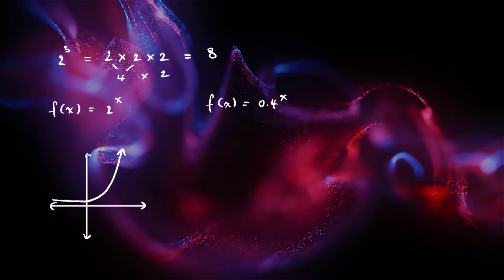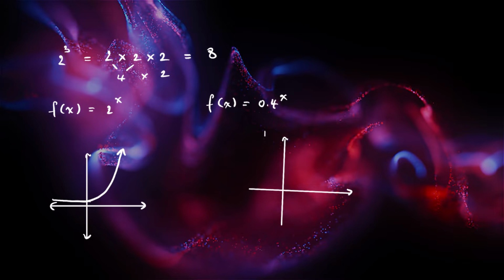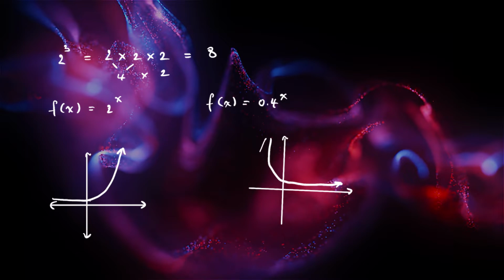If we looked at 0.4 raised to the power of x, if I redrew my axes, this graph would look a little something like this, where we start off with a rapid decrease.